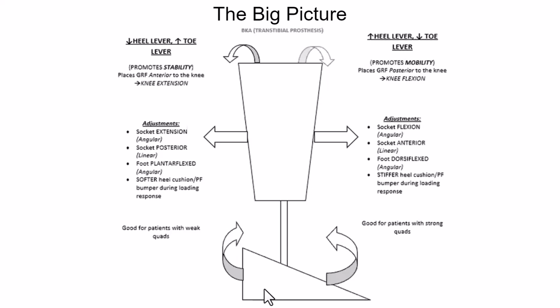Or if you have a stiffer cushion placed back here at the heel, then when the person goes into initial contact and loading response, they're not going to be able to go into that much plantar flexion. They're going to be stuck in that more dorsiflexed position. All these things are going to promote knee flexion, and they're good for patients with stronger quads.